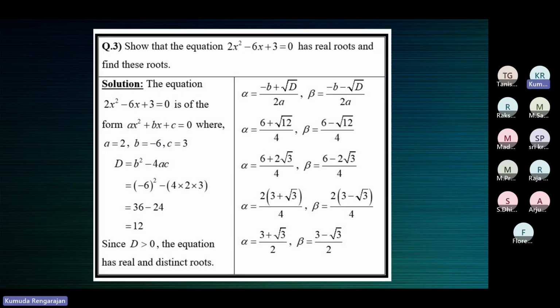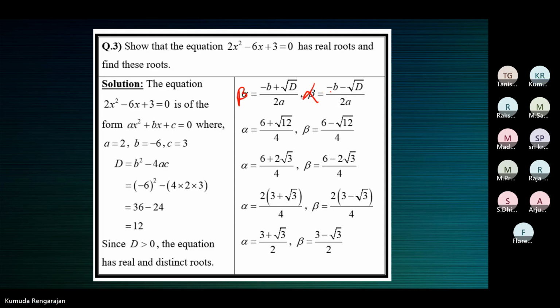This is the next one. Here also don't get confused. So the two roots alpha and beta are, like we say x is equal to, we get two values for x. They are nothing but alpha and beta. So alpha is equal to minus b plus root d by 2a, and beta is equal to minus b minus root d by 2a. In fact, you can say this is alpha and this is beta also.